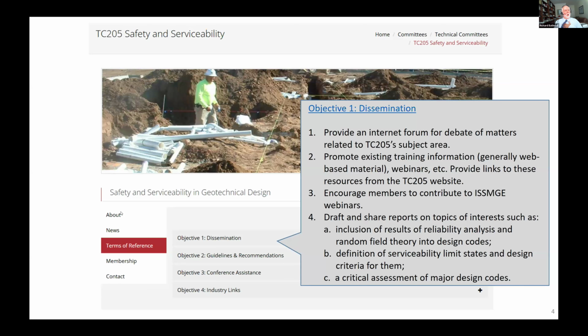And on the website itself for our page, we have a little bit more granularity on the mission of this TC.